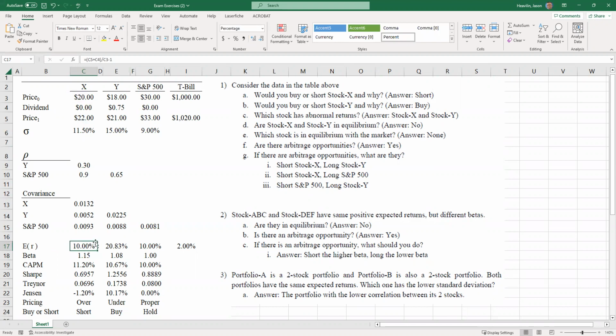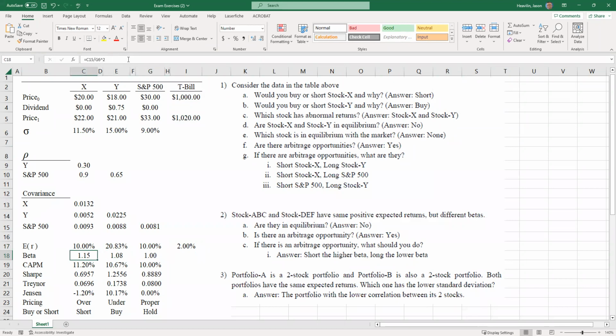So you just calculate that and you do the same for Y, and the same for the S&P 500, and that is your expected return. You can also apply it for the T-bill. In this case, there are no dividends, but same thing. Dividends don't apply on bonds, only on stocks. But you'll get the right result, which is 2% in this case.